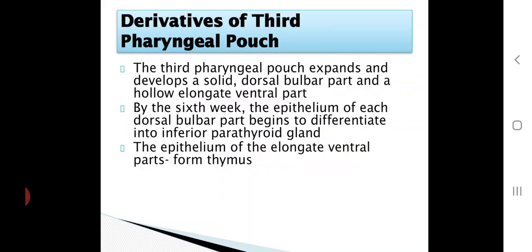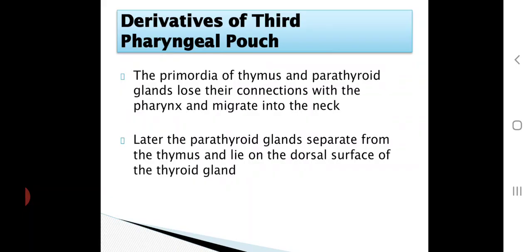The first to develop is the inferior parathyroid gland, so that they will migrate along with the thymus. This thymus, later if you see, loses its connection with the pharynx, so that the thymus reaches the neck, and the parathyroid gland is present in the posterior part of the thyroid.